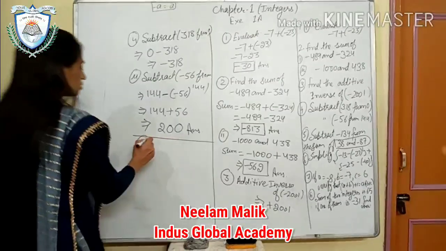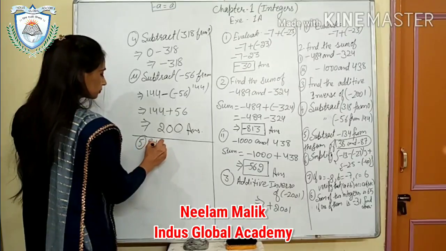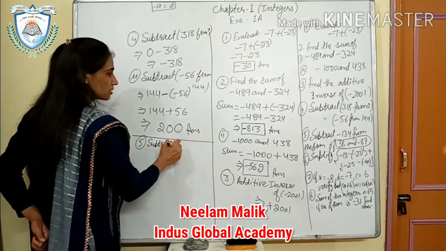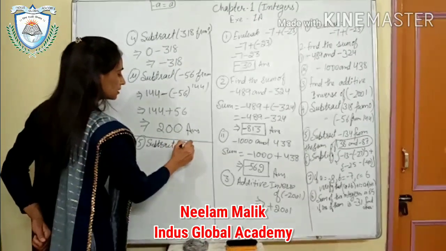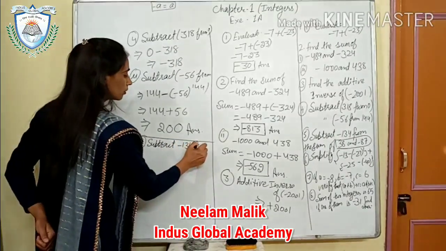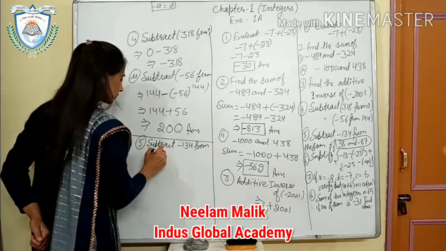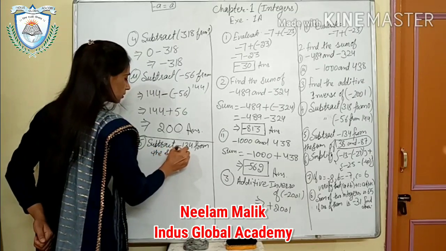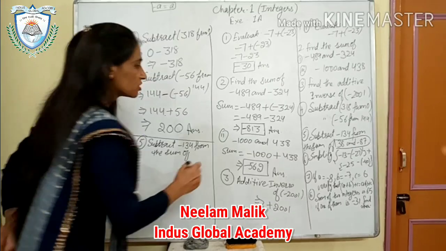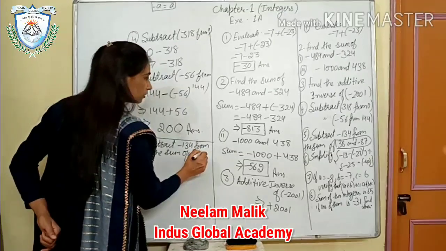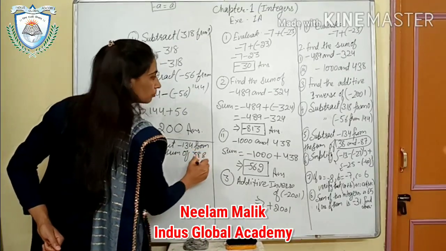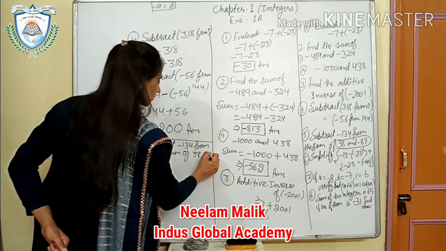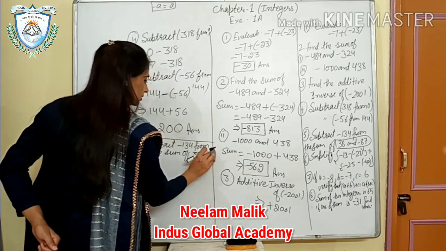So the statement is: subtract minus 134 from the sum of 38 and minus 87.